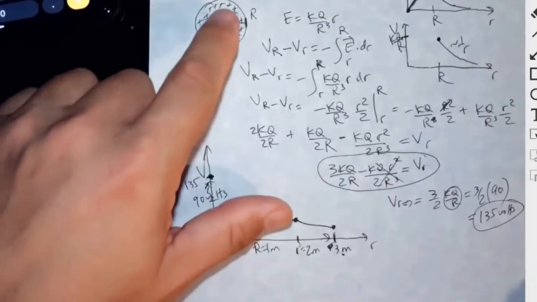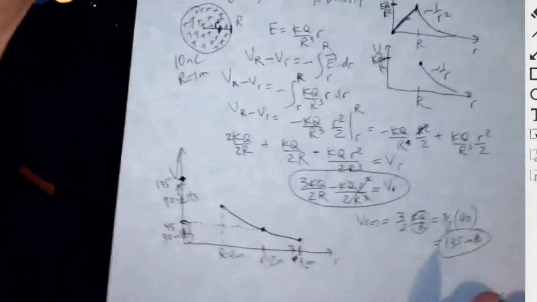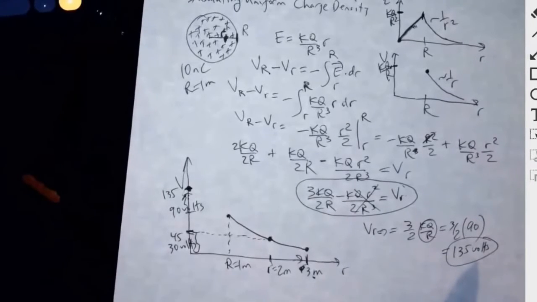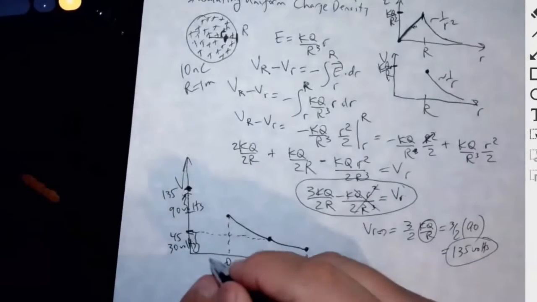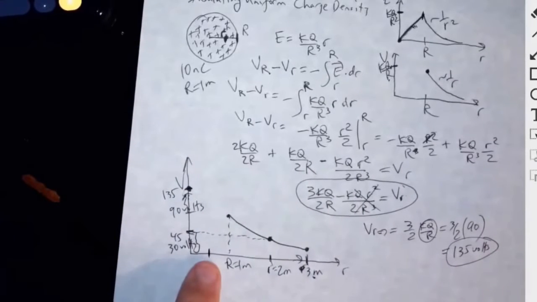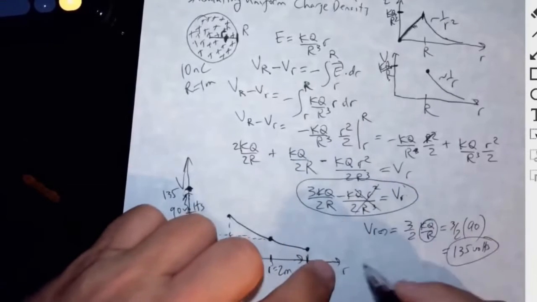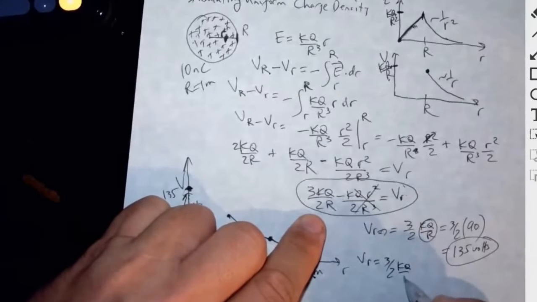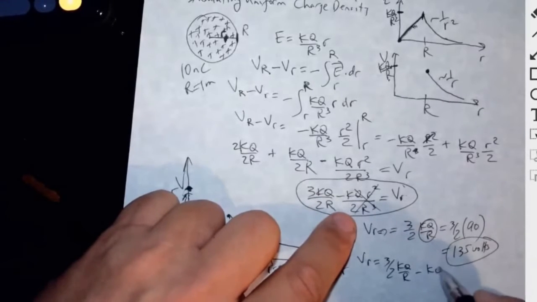This is if the charge density is uniform, of course. Yeah, right, uniform charge density. Then how about halfway? Halfway into the sphere, what's the voltage? So then we use this equation, V sub r equals 3/2 kq over R minus kq over 2R cubed, r squared.